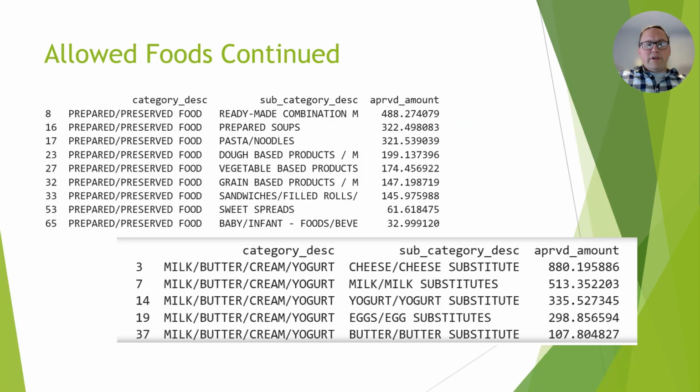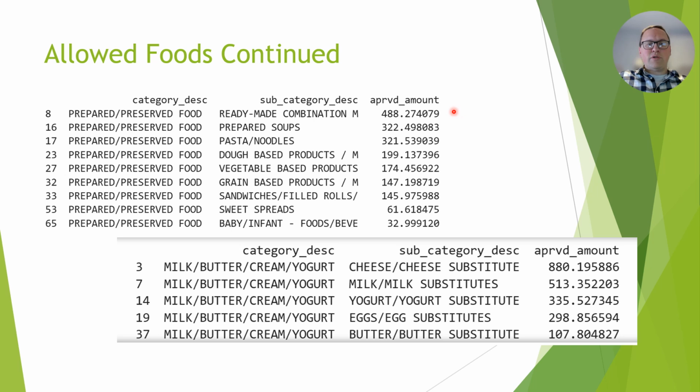Here we take a deeper dive on what some of these categories look like. So if you sort your organization by what was purchased and then dig even deeper on the categories, you can see actual items that were purchased. So earlier when I filtered the data and I saw prepared preserved food, that sounded a little vague to me, so I wanted to see what that was.